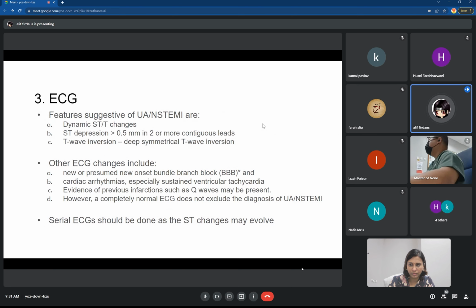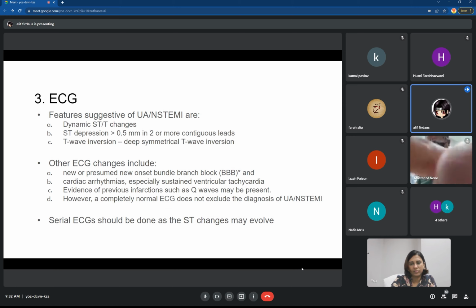What are the features on ECG that we could see if the patient has unstable angina or non-STEMI? They will have dynamic ST changes. They will have ST depression of more than 0.5 mm in two or more contiguous leads. 0.5 mm is about half a small square in the ECG.